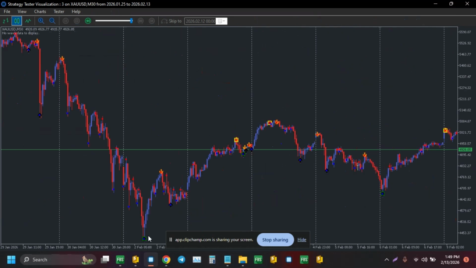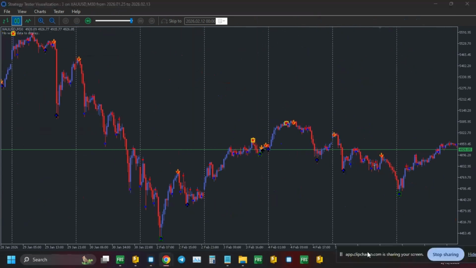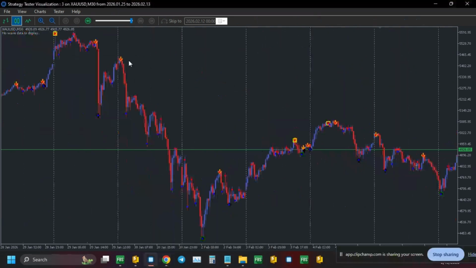This green square is the end of the wave. How many subwaves do we have in between? That's the yellow and the orange arrows. One, two, three, four, five. So we had a five wave down.